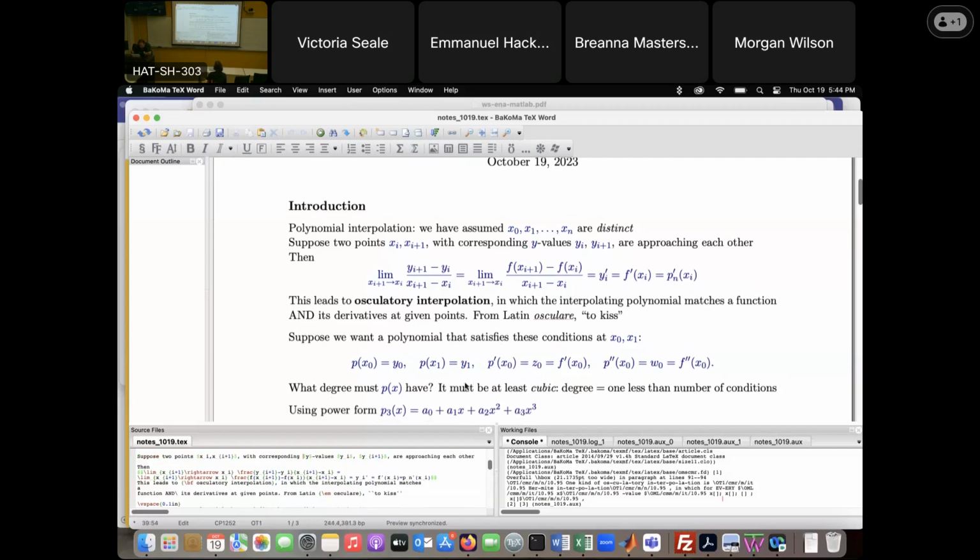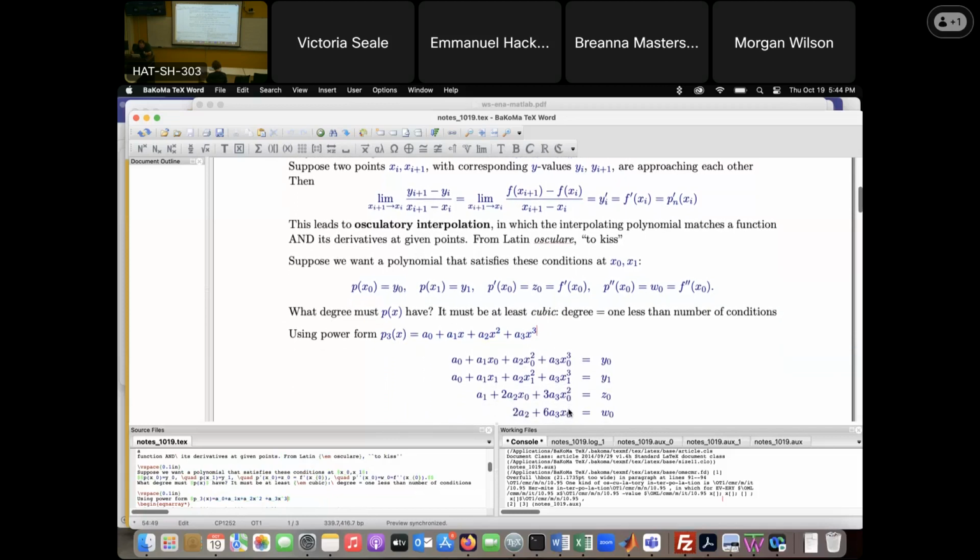So how can we obtain this polynomial? The simplest way, corresponding to the van der Waals matrix approach from the beginning of the chapter, is to assume that our interpolated polynomial has this form, power form for a cubic.